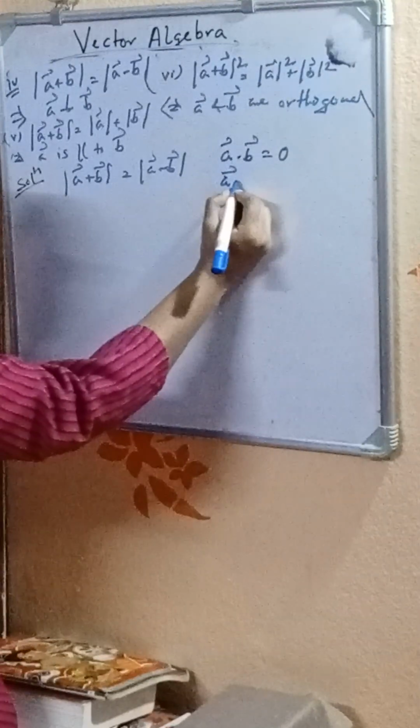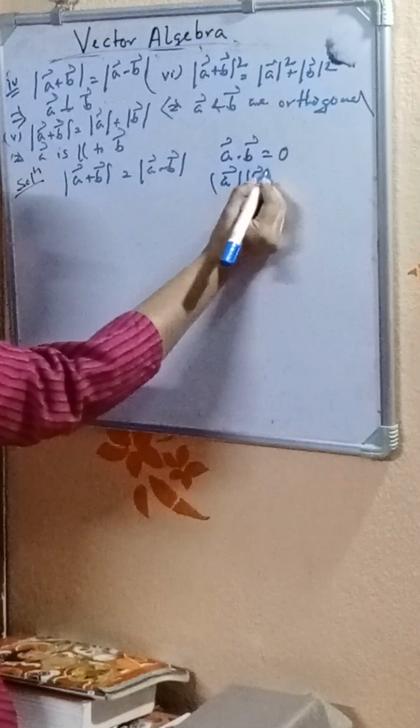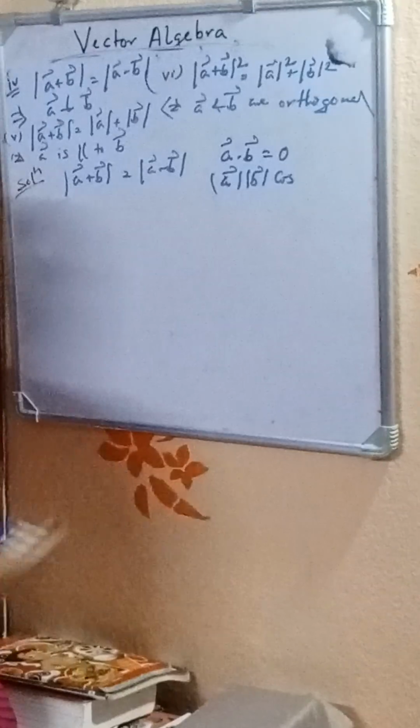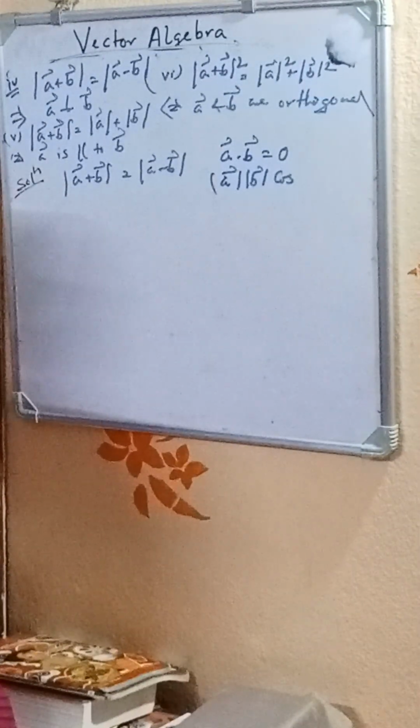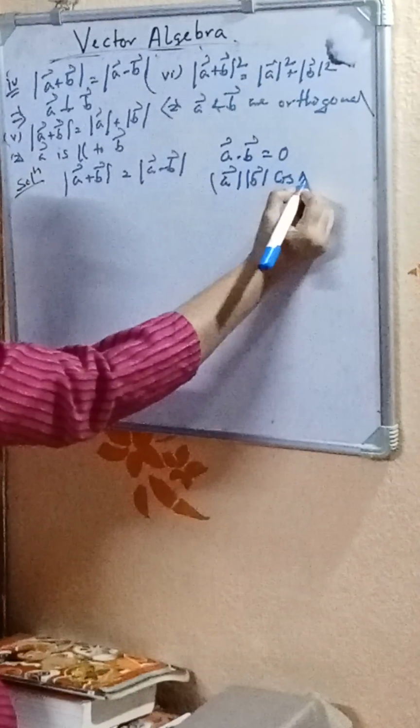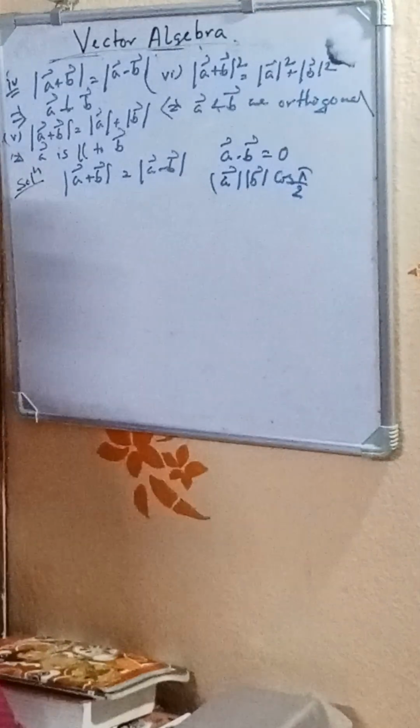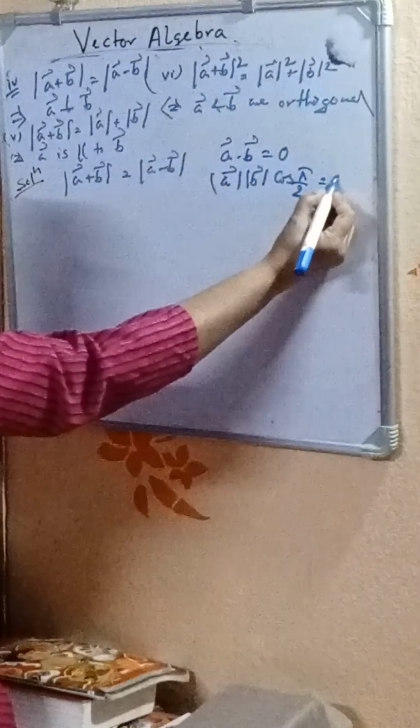If the angle between these two vectors is perpendicular, cos pi by 2, then the dot product of two vectors will be 0.